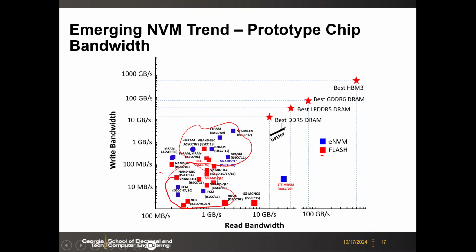So if you really need a bandwidth, you have to go to the DRAM. That's why what AI needs today is the HBM, right? So you have to go from the DDR5 to GDDR and then to the HBM, right? This is a system level bandwidth here. For the HBM3 is over terabyte per second, right?